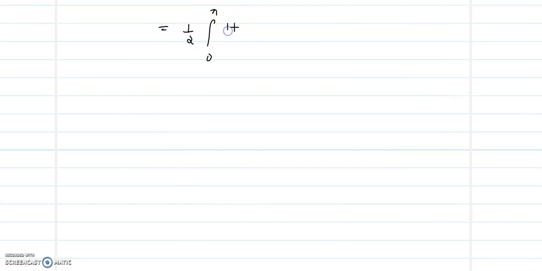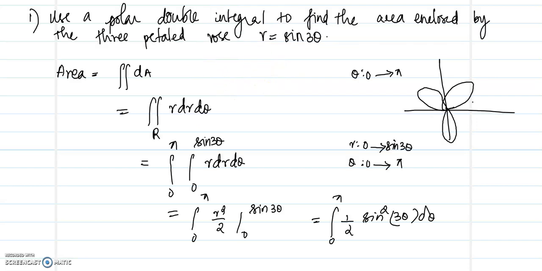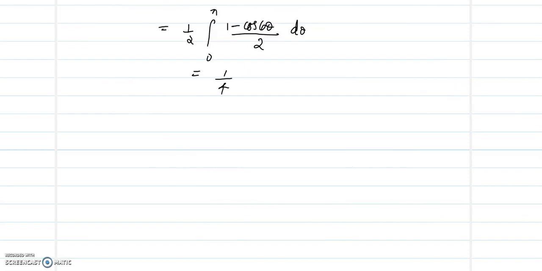Now sine square 3 theta is 1 minus cos 6 theta by 2 d theta. So we'll get 1 by 4 times theta minus sine 6 theta by 6, from 0 to pi.